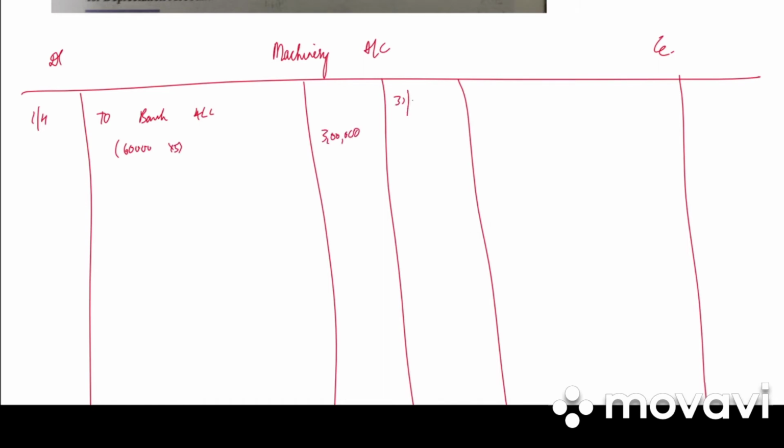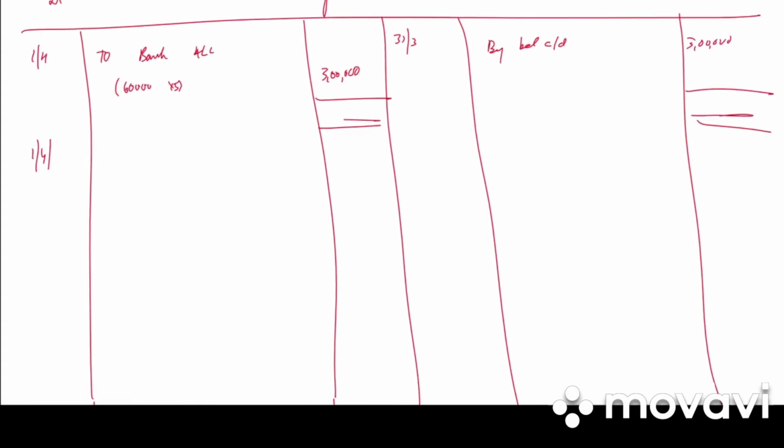On 31st March by balance carried down 3 lakh. So total is 3 lakh. On 1st April 2010 to balance brought down 3 lakh. On 31st March 2011 by balance carried down 3 lakh.